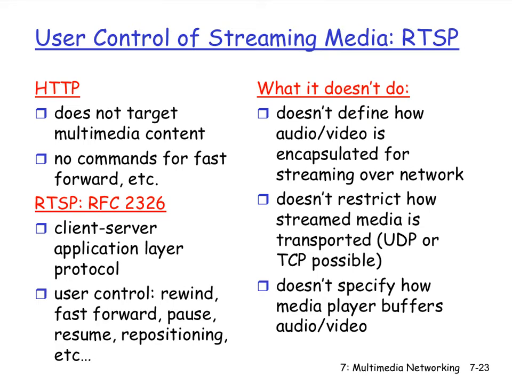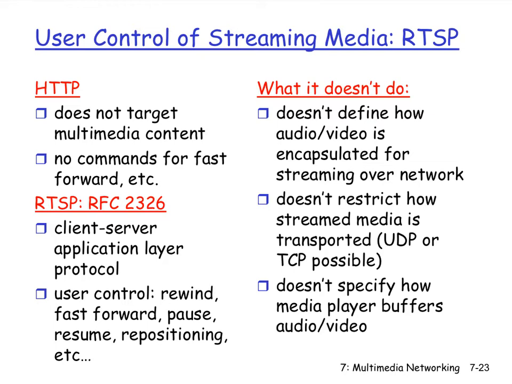But what if the client itself wants to pause the video or wants to play the video from a certain position, which is what we typically do on YouTube or something? First of all, HTTP does not inherently have commands for the user to interact with the server.